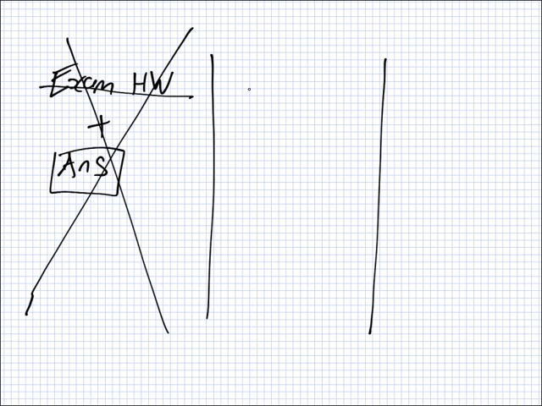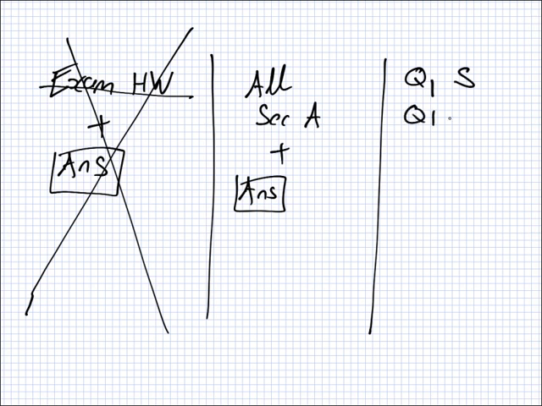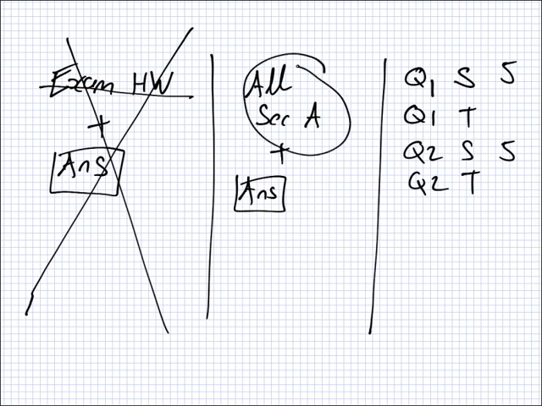So your second choice is you do all of section A and then I do all the answers, or we take turns. We could do question 1, the student does it, and then question 1 the teacher does it, then question 2 the student, and then question 2 the teacher. So I might give you 5 minutes each.